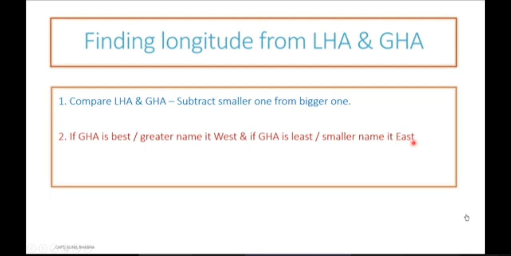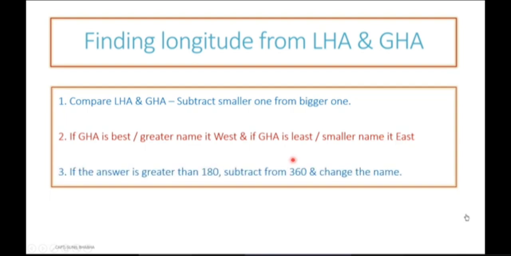So once it is done, now the last thing, in case by following the previous two steps, you obtain an answer which is greater than 180. Now our longitude cannot be more than 180. We have two hemispheres, eastern and western hemisphere, both stretching up to 180 degrees.